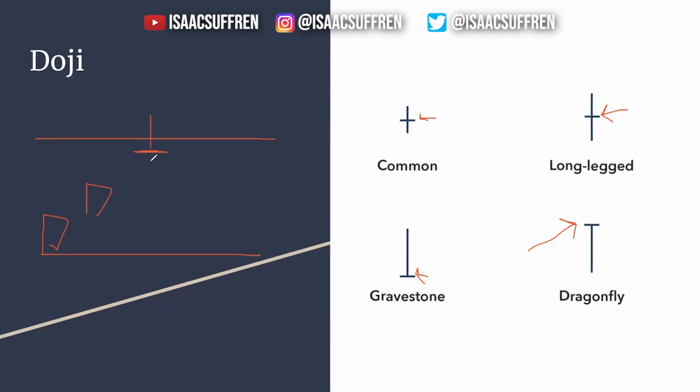Move up, they had another move up. Boom. Seller said, "No, ma'am, no, sir, you're not going any higher," and they brought it right back down. And you can possibly play it similar to how you would play a hammer candle.